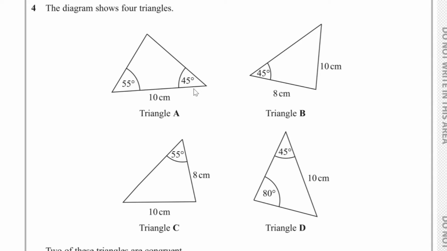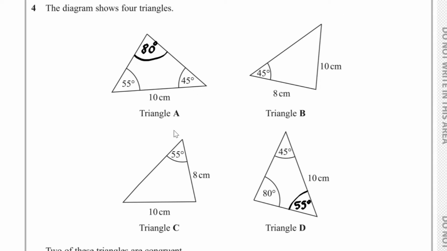180 take away 55 take away 45 is 80. So I've got 80 degrees over here. And if I take a look at triangle D, 180 take away 80 take away 45 is 55. So I've got 55 degrees here. Now, it becomes more obvious how to spot which triangles are congruent.